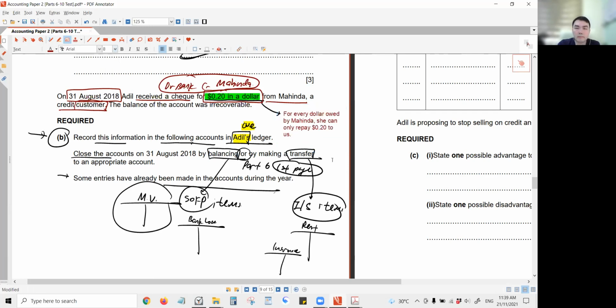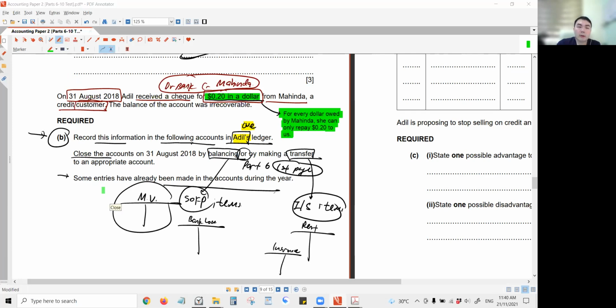That's the meaning. For every dollar Mahinda still owes to us, she can pay us back 20 cents only.